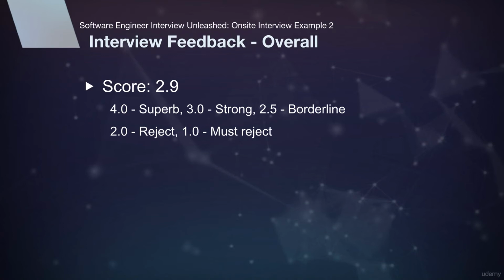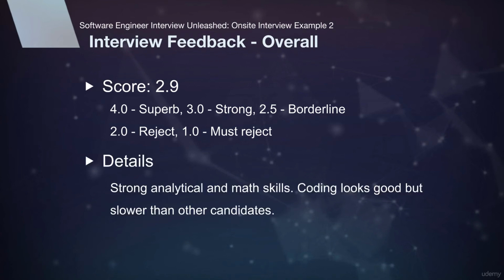If all other interviewers give high scores like higher than 3.0 or a strong review result, this does not hurt anything. He wouldn't have any problem passing his interview. Overall, he has strong analytical and math skills, and coding looks good but not strong. Again, his coding is a little bit slower than other candidates, but in general, it is fine.